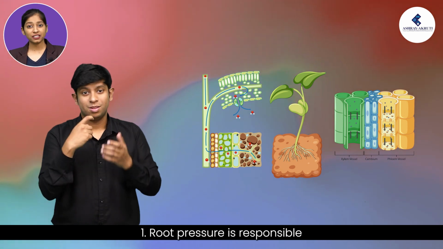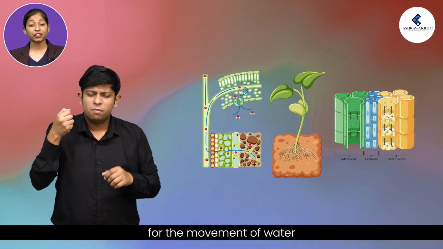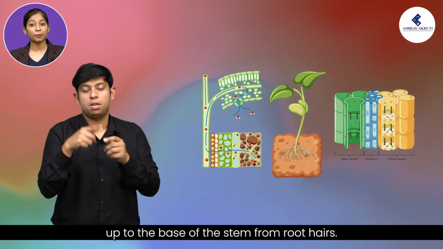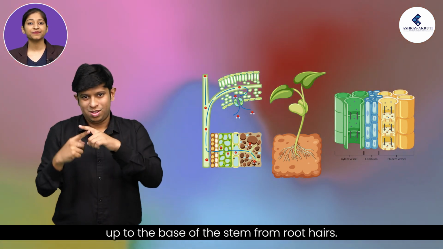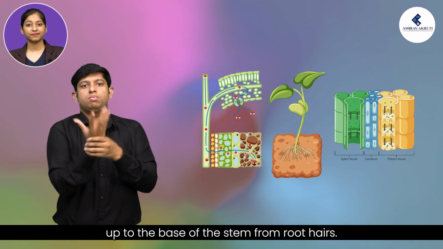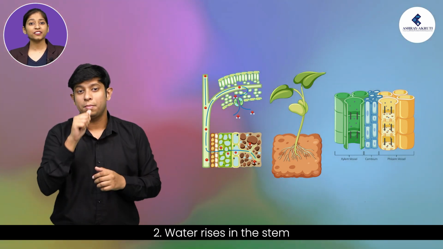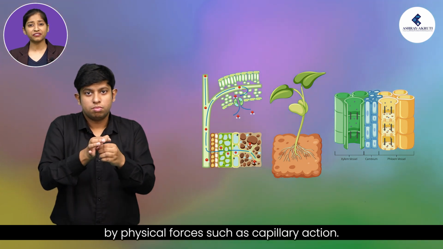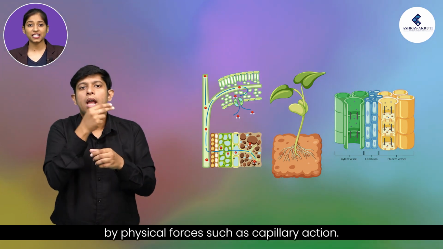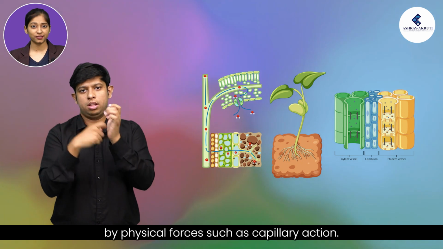Root pressure is responsible for the movement of water up to the base of the stem from root hairs. Water rises in the stem up to a certain height by physical forces such as capillary action.